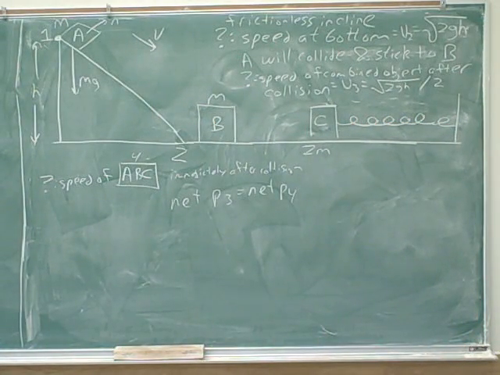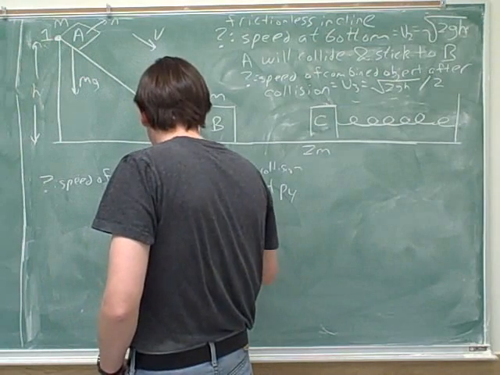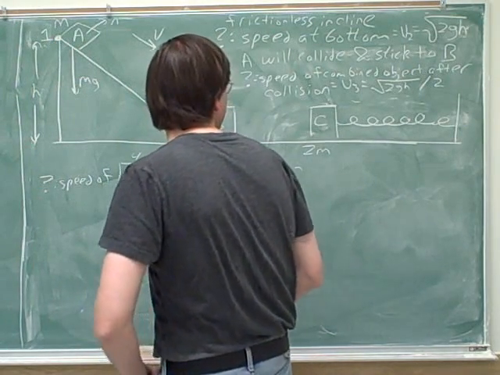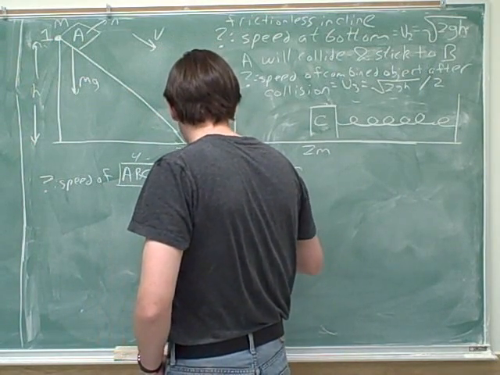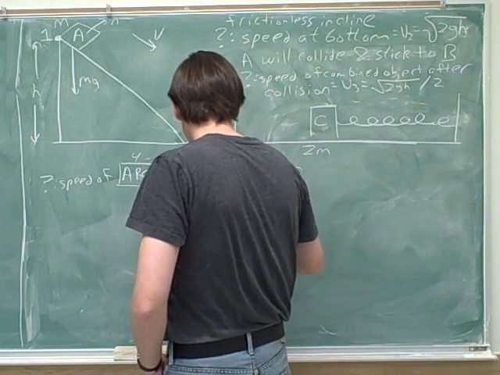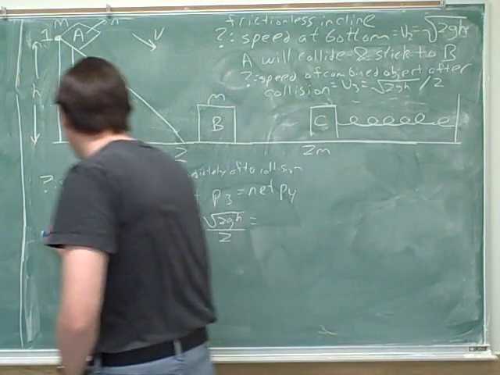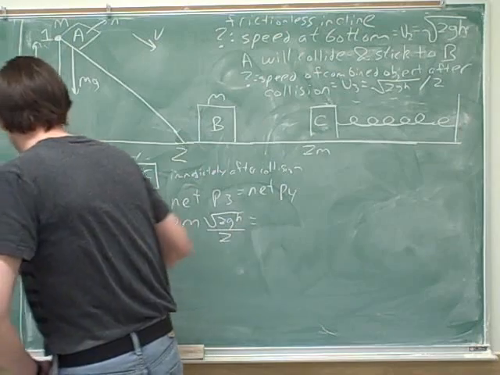So, net momentum is mv. Situation 3 before, and so the mass is 2m, right? Times the V3 that we found earlier, which is the square root of 2gh over 2. Good. So momentum is m times v.